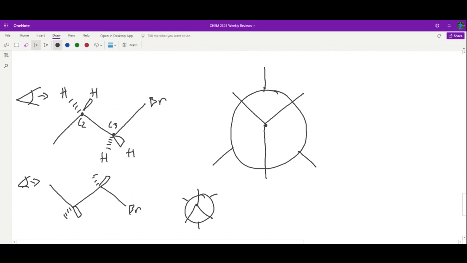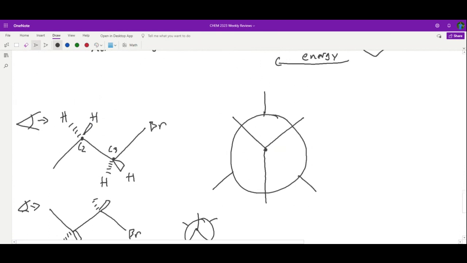And so there is a slight difference, and I don't know what the format is going to be, but regardless, maybe this might be helpful in determining your answer. All right, so there are 3 regions to pay attention to, which is the left side, the middle, and the right side. The middle is always going to be your lines, and the right and left are going to be your wedges and dashes.